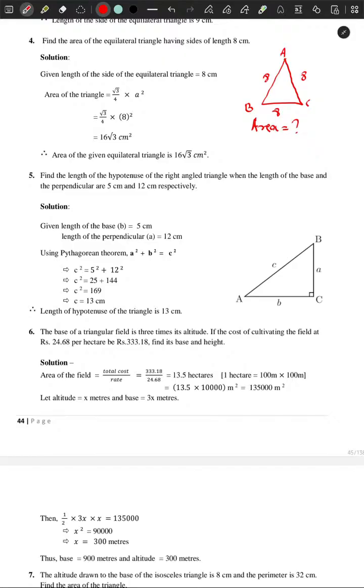How can we find that? Previously we studied that the area of an equilateral triangle is root 3 by 4 into a square, where a denotes the side of the equilateral triangle.